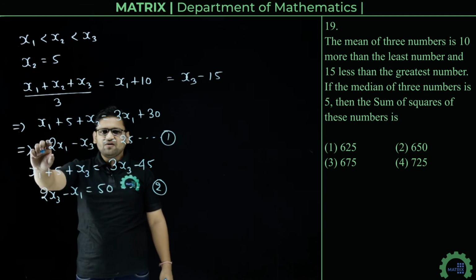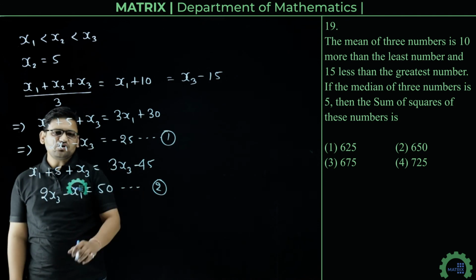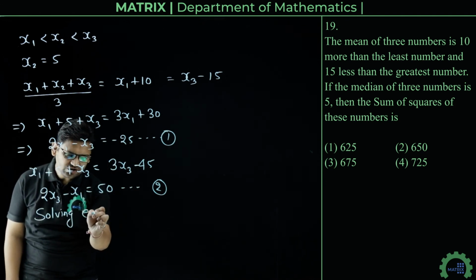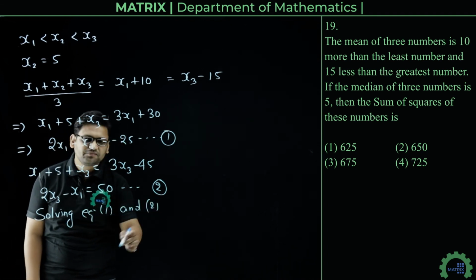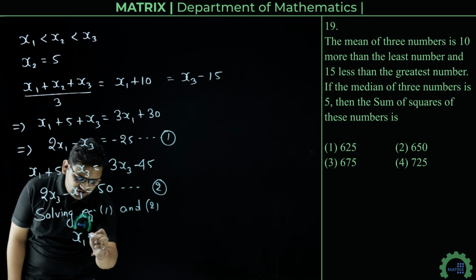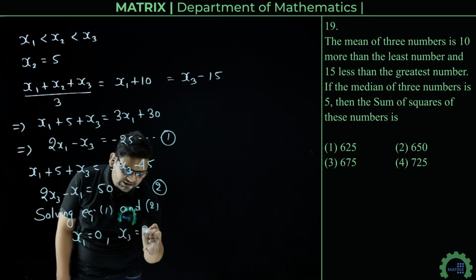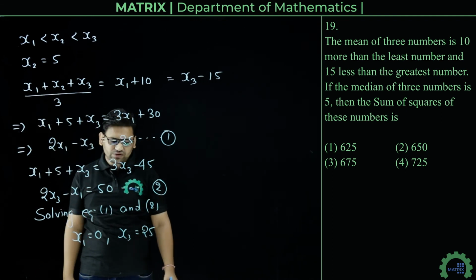As this is a pair of linear equations in two variables, we can easily solve it. On solving equation first and second, we get the value of x1 as 0 and the value of x3 is 25, and we already know the value of x2, that is 5.